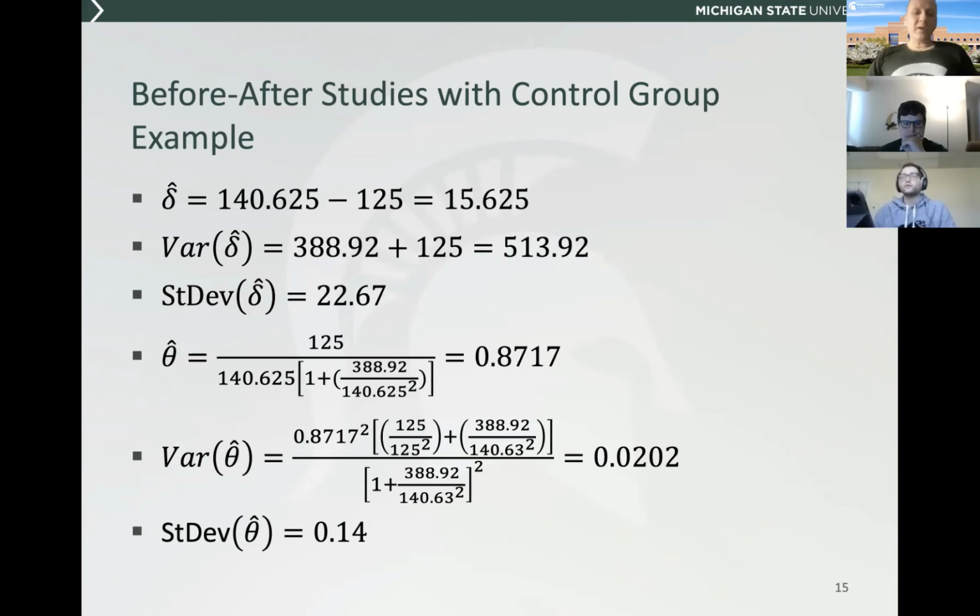Likewise, when we calculate our index of effectiveness, we see that now, instead of being 0.82 or whatever it was in the preceding, it's now at 0.87 with a variance of 0.02, standard deviation of 0.14. And so obviously, if we double that standard deviation, that's going to significantly exceed 1. So we're not able to find a significant reduction in that case either.